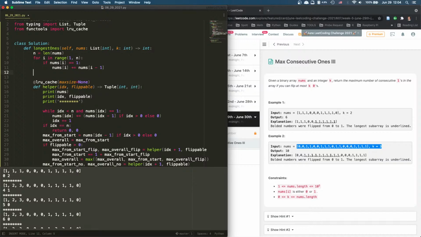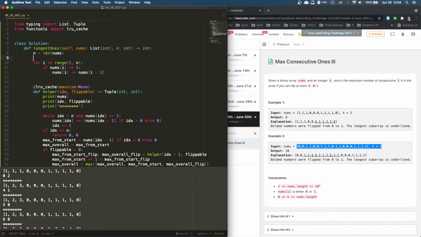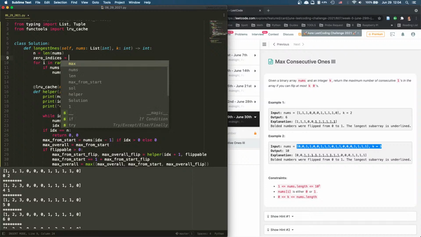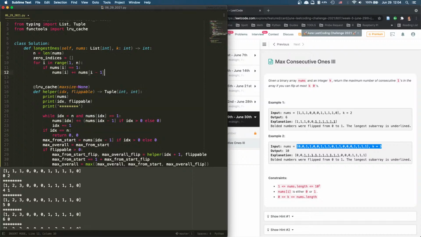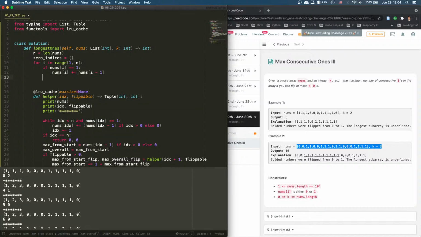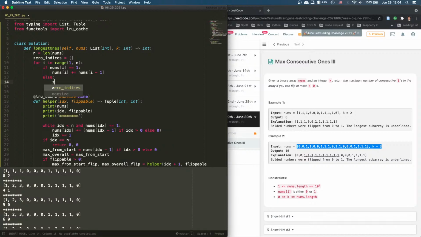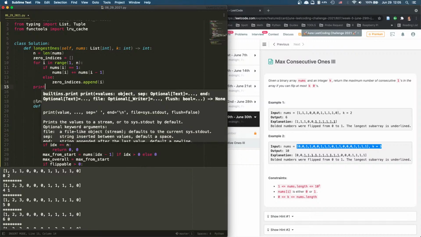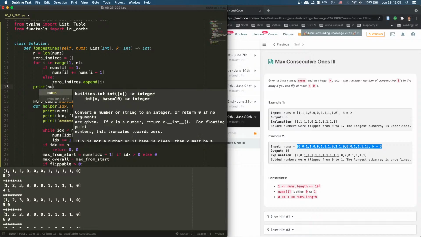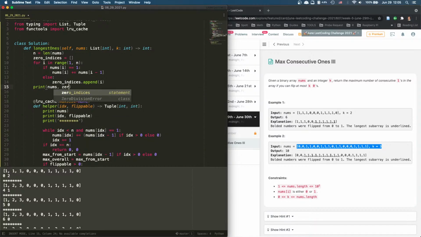And also we're going to keep the 0 indices, else 0 indices dot append i. So let's get nums and 0 indices out.